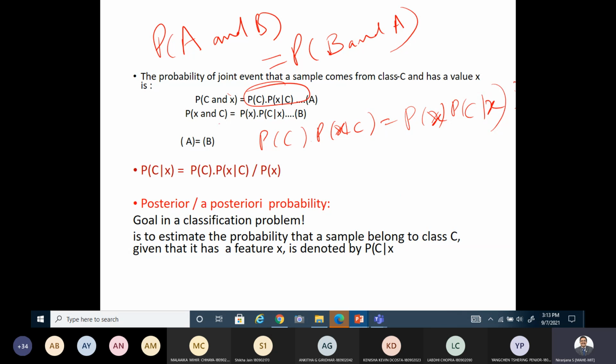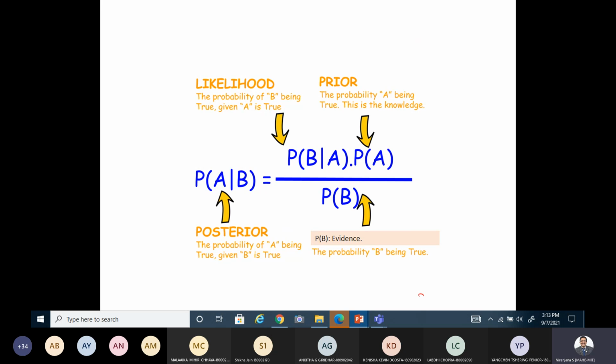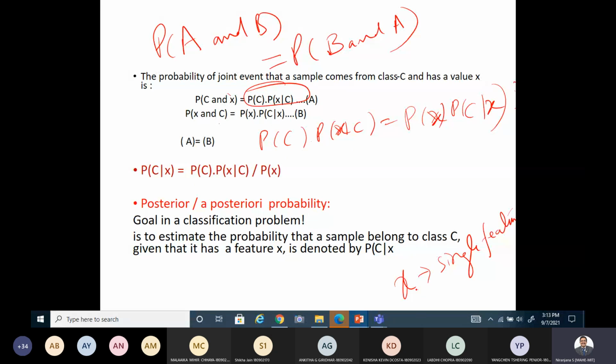Don't get confused. If I take this notation, it indicates a single feature. When I take capital X, it will be a vector. Generally it is written as X in my example here. So what happens when A and B are equated? You get a thing like this, the right hand side of that.